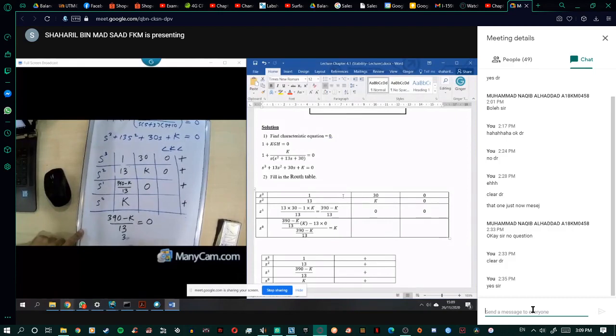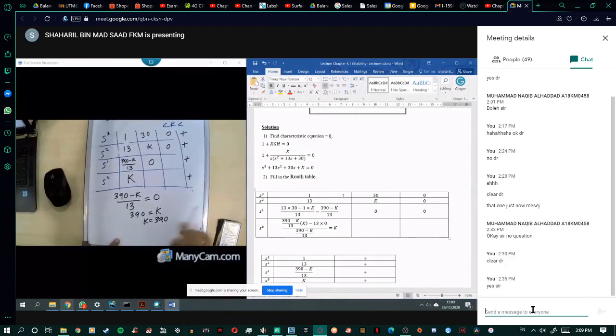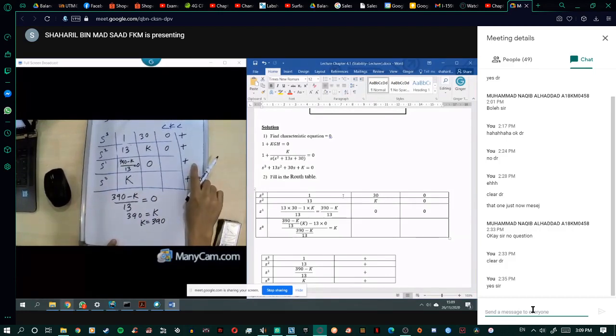Then when you do that, you get 390 equal to k. So that means your k is equal to 390. Okay, right? So when your k equals 390, that means we got 0. Okay, that means when k equals 390, this one you got 0, right? So it means it's still unstable.